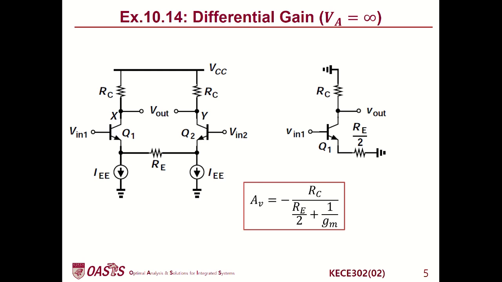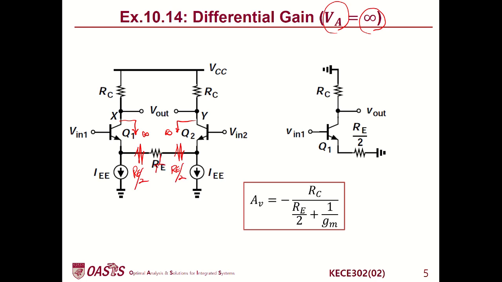In this slide, we find the differential gain for the case of neglecting only the Early effect. So the output impedance of Q1 and Q2 will be infinite, so you don't have to worry about that one. However, the RE in the center, if you divide this one into two components, will be RE divided by 2, RE divided by 2.